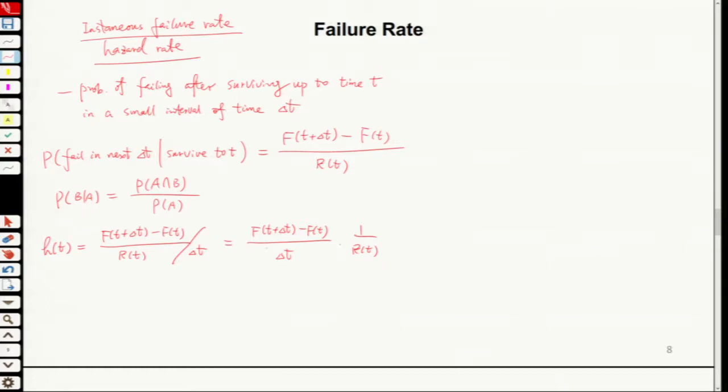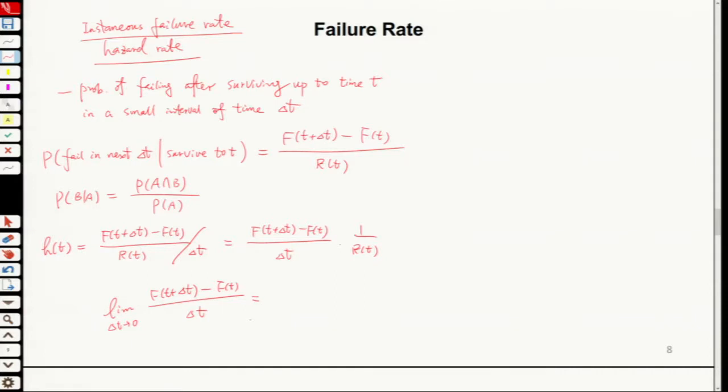Now for this part, delta t is going to be smaller and smaller, infinitely small. So this part is the limit as delta t goes to 0 of F(t + delta t) minus F(t) divided by delta t.